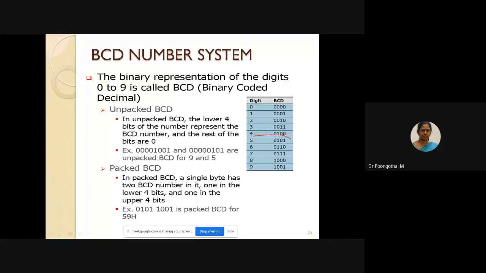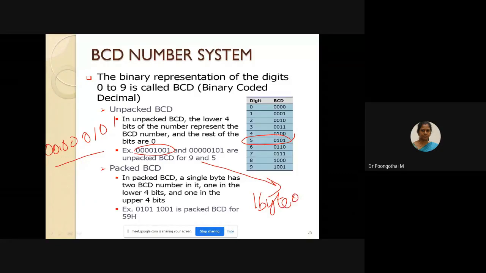So 5 can be represented as 0000 0101, and 9 is represented similarly. This requires 1 byte of memory to accommodate 4 bits of data; unnecessarily it takes the remaining 4 bits.